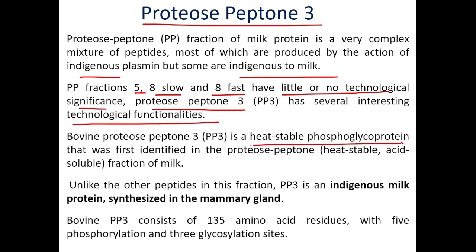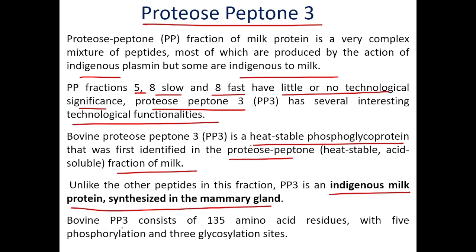pp3 is a heat stable phosphoglycoprotein. It is a conjugated protein that was first identified in the proteose peptone fraction of milk. Unlike other peptides in the fraction, pp3 is an indigenous milk protein synthesized in the mammary gland. So it is not from the plasmin action on beta-casein, but is an indigenous milk protein synthesized in the mammary gland.